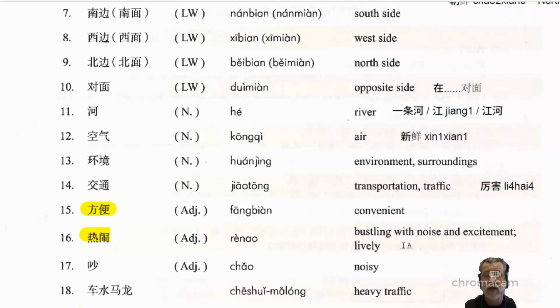I just typed that out for you. 看热闹. So 看 is a word that we've learned before, which means to read, to look at, to watch. And 热闹 is this new word that we're learning, meaning bustling with noise and excitement. But it can also mean when there's some kind of action going on, like a group of people arguing, or if there was a traffic accident, or something along those lines.